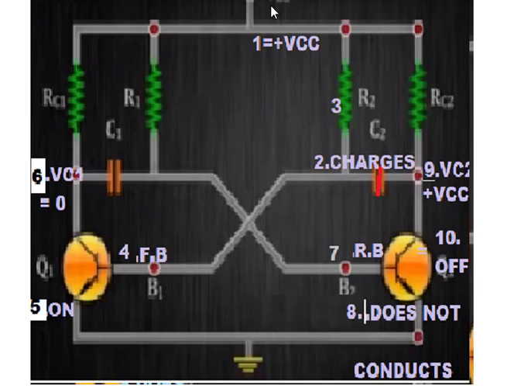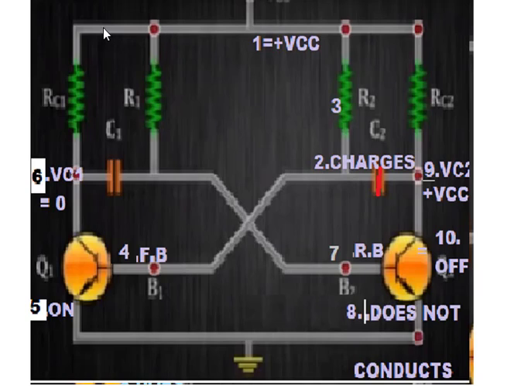Here, when the power supply plus VCC is switched on, current passes through this resistor and the capacitor charges. On charging, the capacitor charges to full capacity, and after charging fully, it starts to discharge through this path. So the base of transistor 1 becomes forward biased, and the transistor starts to conduct.